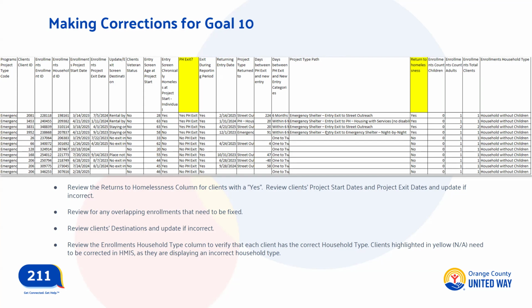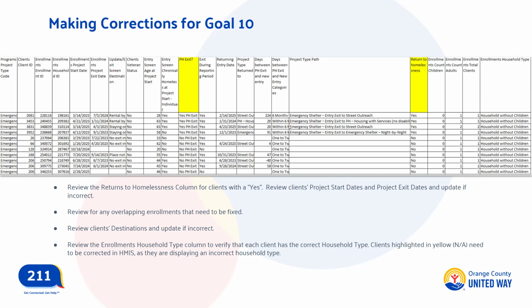Something to note here, in this example row 2, we're going to see the pathway this client took. They exited emergency shelter on this date and then entered a PH project on the 31st, later in the month.